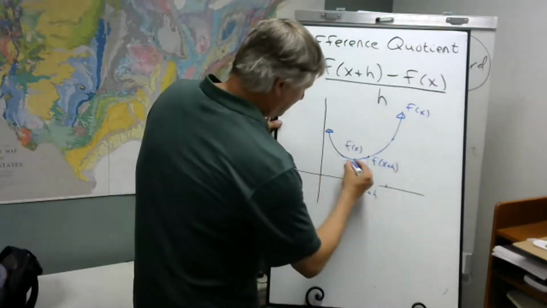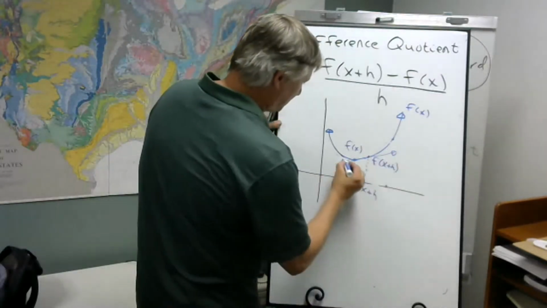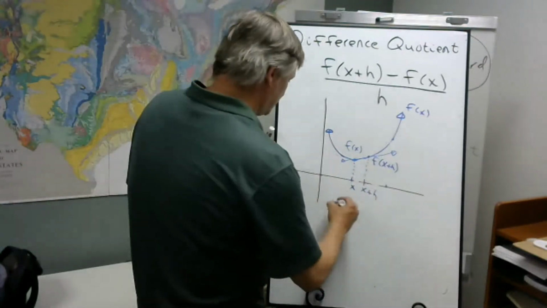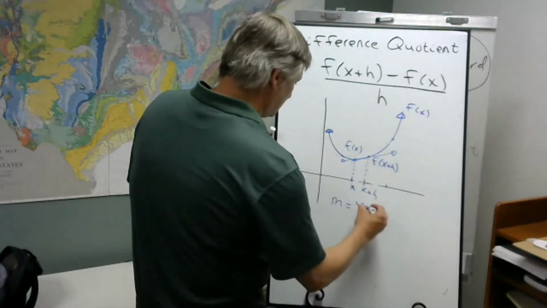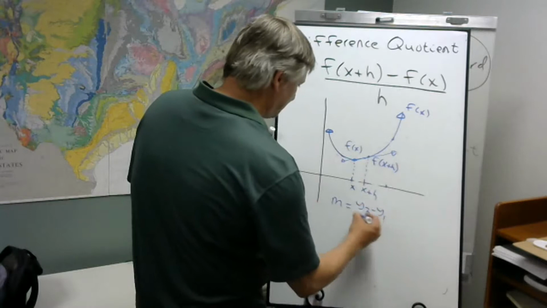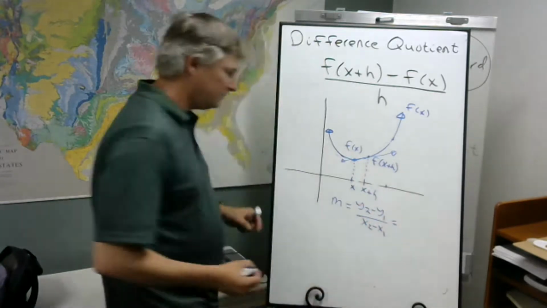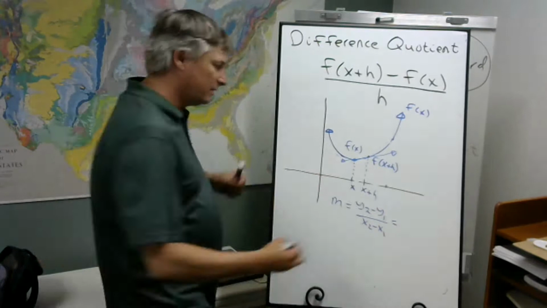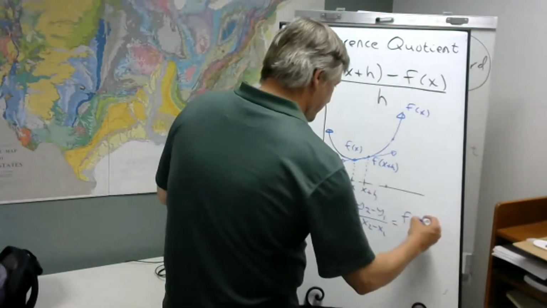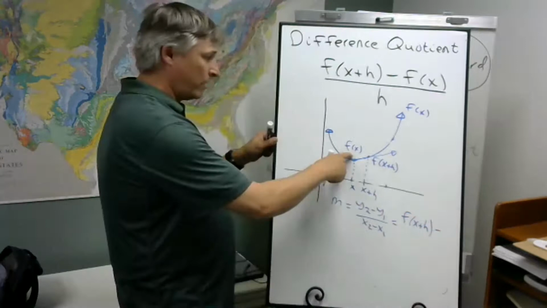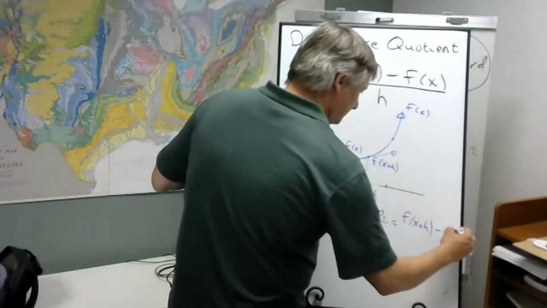So the line passing through those 2 points, we compute the slope m, y2 minus y1 over x2 minus x1. y2 will be f of x plus h. y1 is f of x.